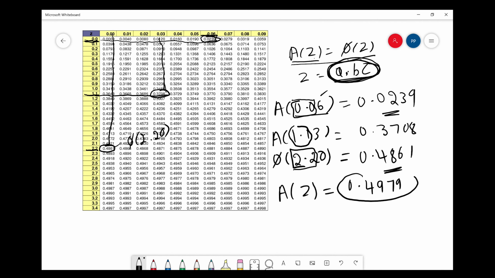Now look for this value in the main part of the table, that is leaving the first column. If you get this value exactly, fine. Otherwise, take the value which is near to this. Here you can find that 0.4977 you find here. Next highest value is 0.4978, and you got 0.4979, exactly that value here. Then what is the value of z?